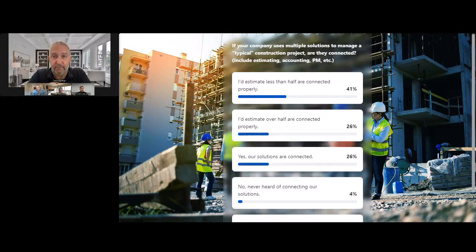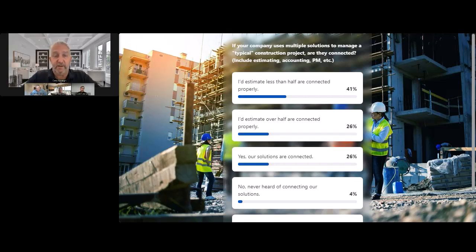I want to go back to something that Dave said about your data and how important your data is. One of the biggest challenges I see in speaking with customers is specifically in the trade partner, especially trade contractor market, where they're being forced to use their GC's project management system.